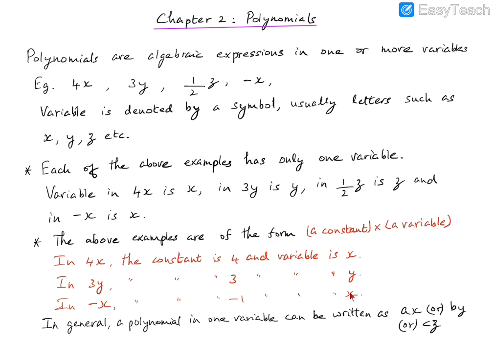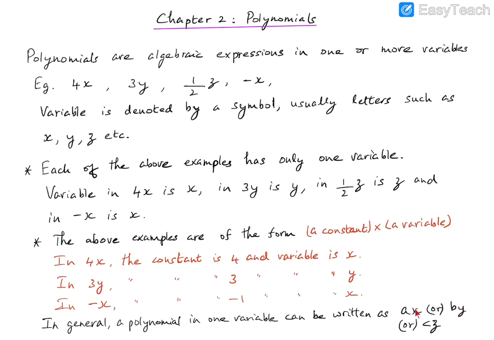So in general, what we see is that the polynomial in a single variable has a general form as some constant times the variable, as ax. So a is the constant and x is the variable, or we can call the constant by a different name, b, and the variable by a different letter, y, so by, or cz, and so on.